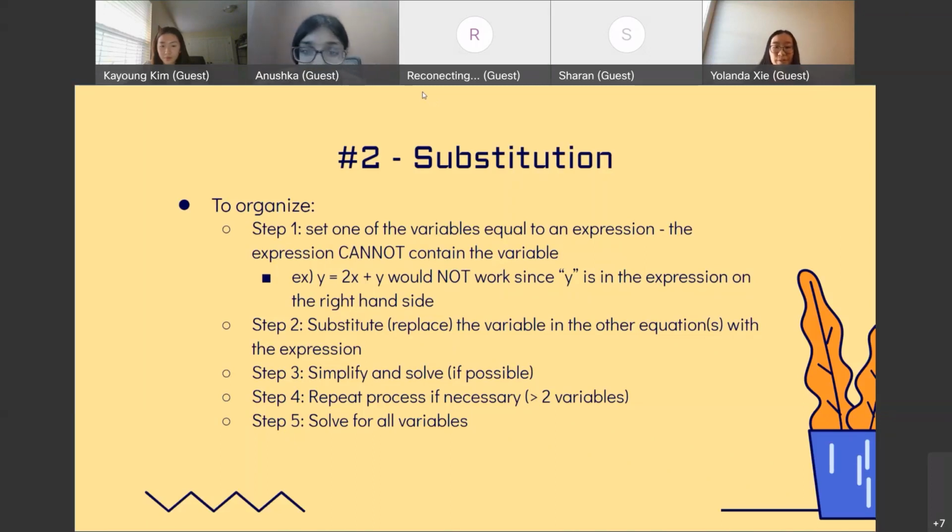That would cover step 2: substitute and replace. Then you follow the normal steps for simplifying the equation and solving it if possible. If there are more than 2 variables, this will get more complicated and you might have to substitute multiple times. You don't need to worry about step 4 for now because we'll go over that in more detail next class.